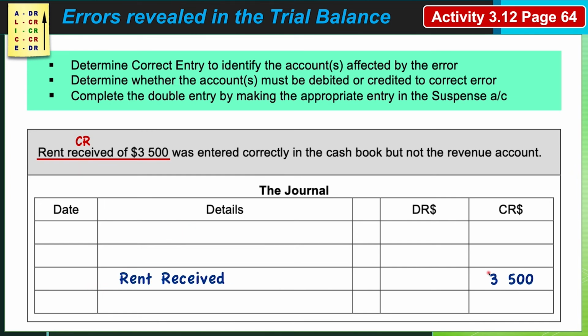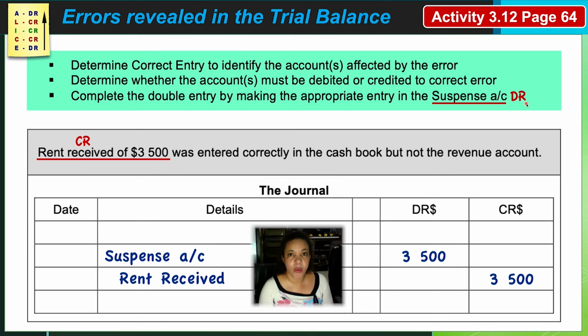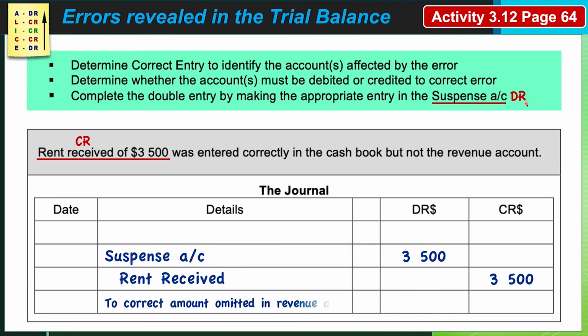Notice once again, we identify the credit, but which account has to be written first? The suspense account, for which the opposite is done, you're debiting. So debit suspense account, $3,500. Once you keep to the steps, you're going to get it nice and easy. Just go through the steps one by one.